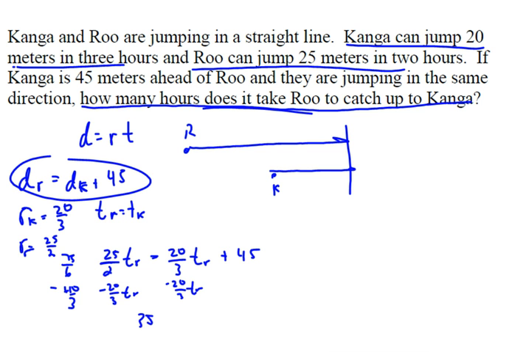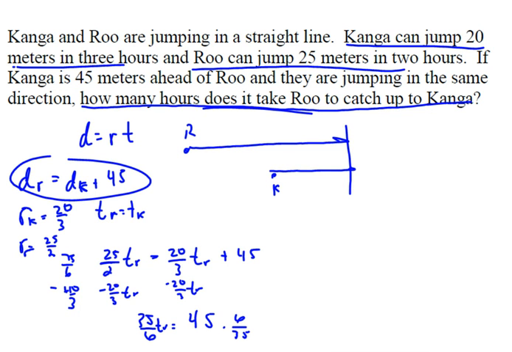So you've got 35 over 6 times the time of Rue equals 45 meters. So you just multiply both sides by 6 over 35.